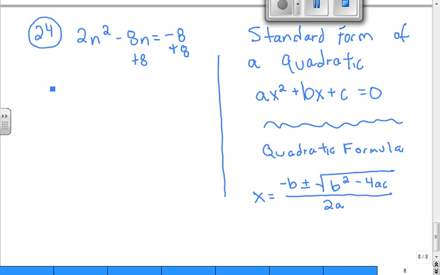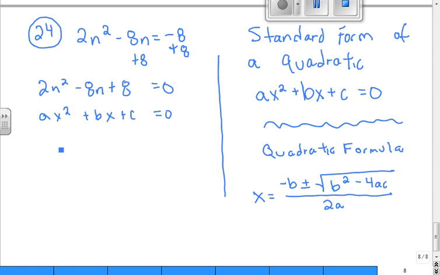So now we have 2n squared minus 8n plus 8 equals 0. Fitting that with our standard form, ax squared plus bx plus c equals 0, that means my a is 2, my b is negative 8, and my c is positive 8.